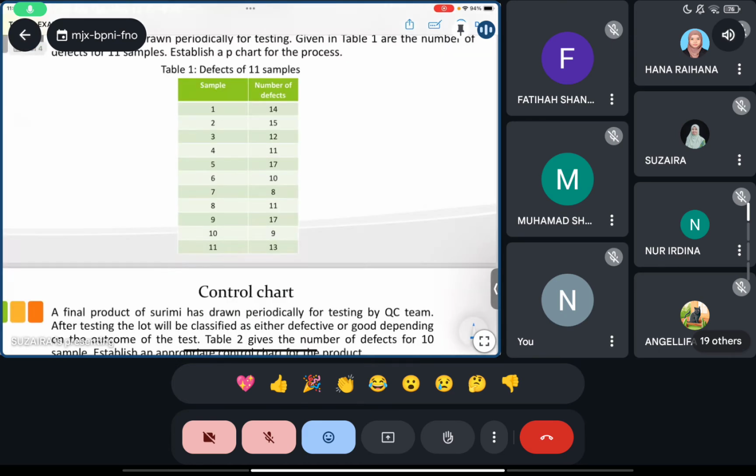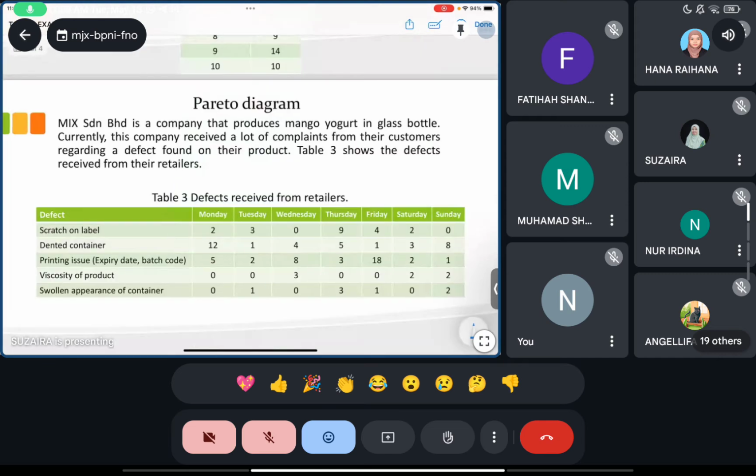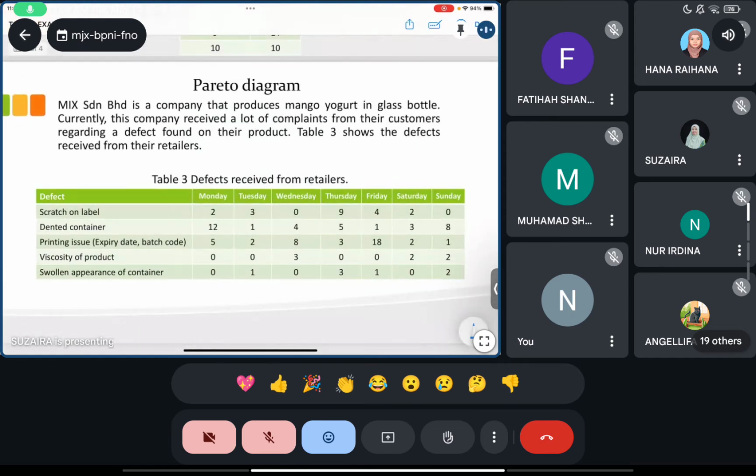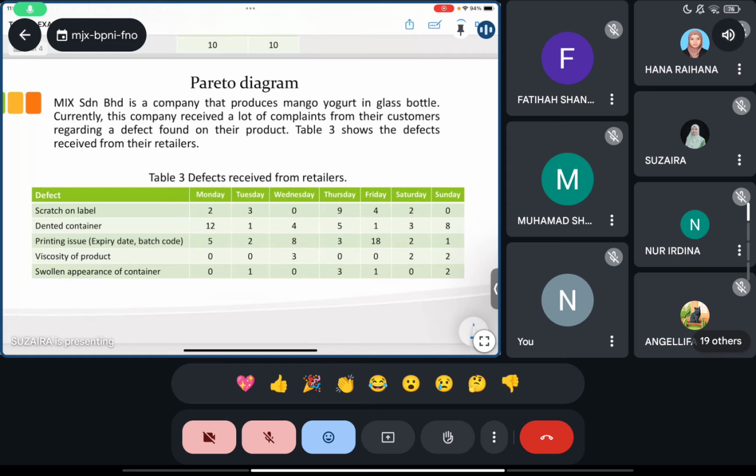Okay, for this one, all right, the Pareto diagram. So probably we can discuss a little bit on this one before we move to P chart and C chart, right? So I hope that everybody can try this out, right?